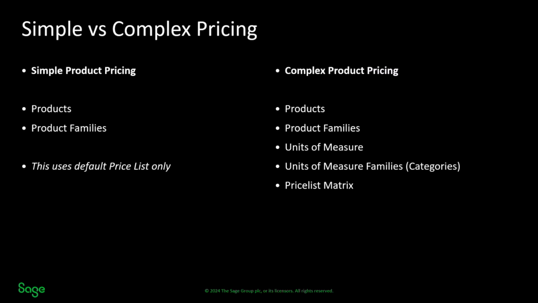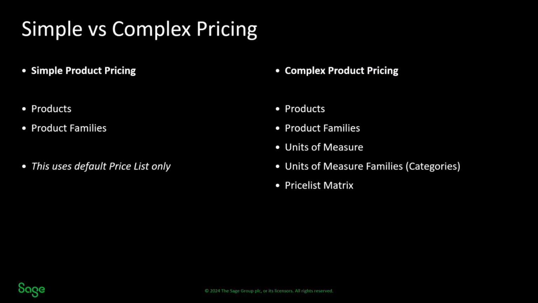If you want to use simple pricing, you're really only thinking in terms of the products and the product families, in addition to the currencies that you're selling in. So it always uses a single price list, which is the default price list, that is most suitable for when you are working in a single type of market with a very simple single currency orientation.